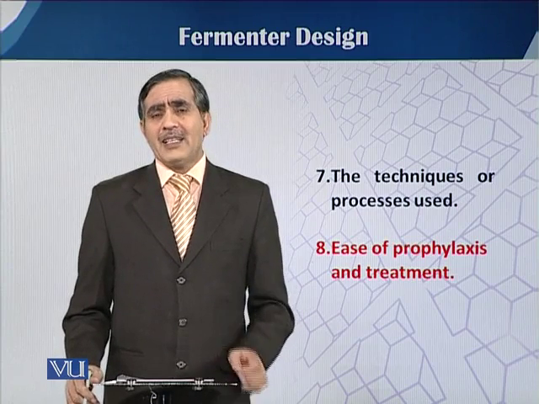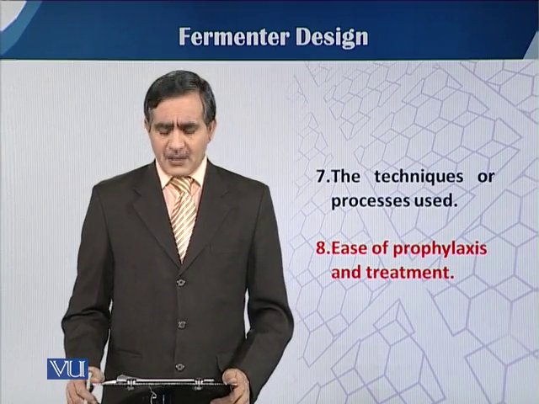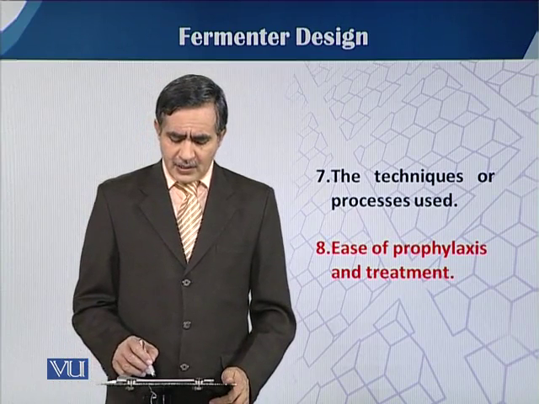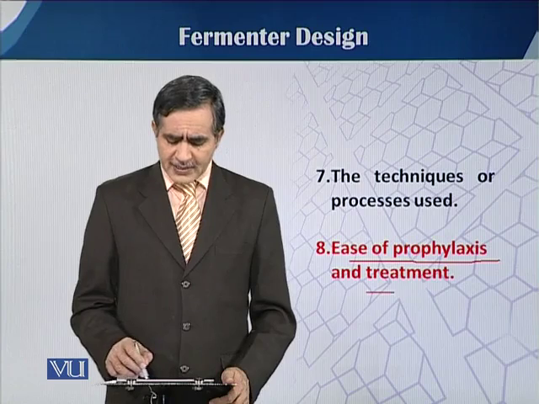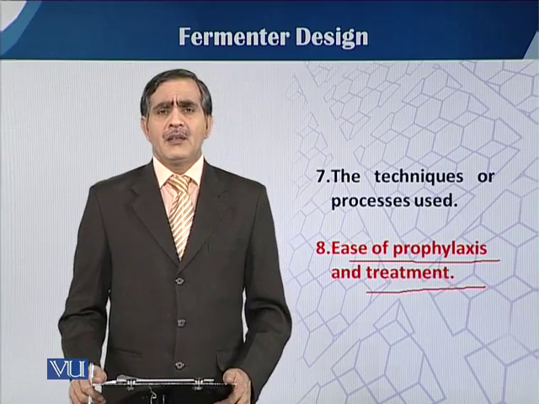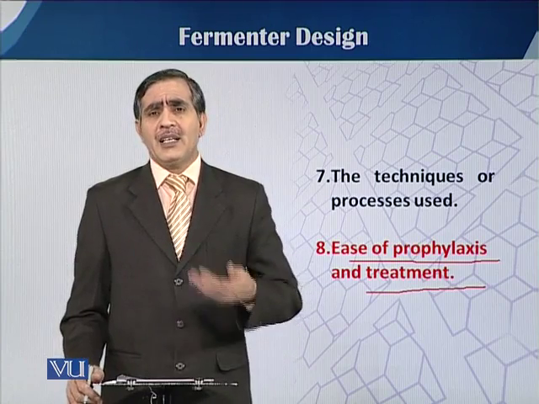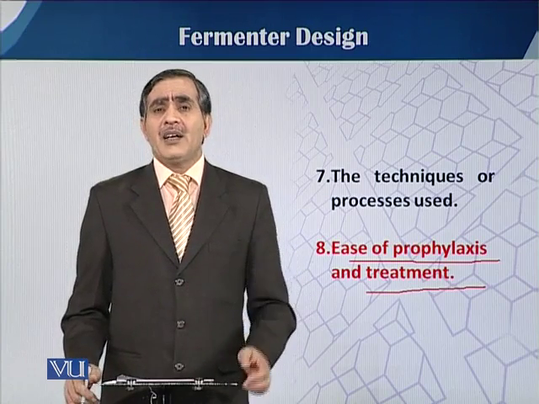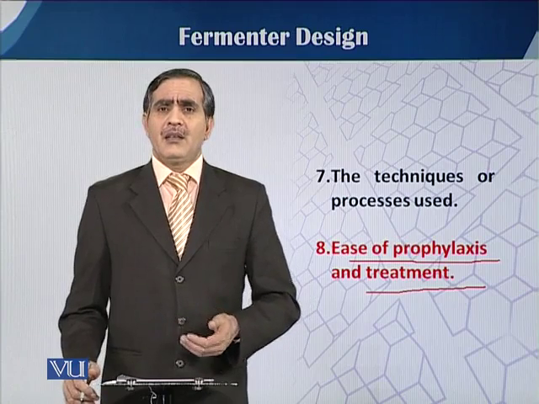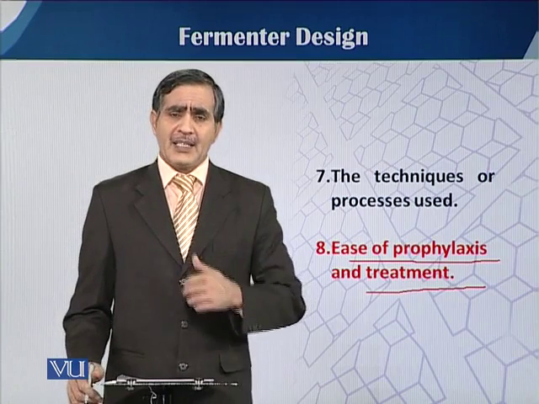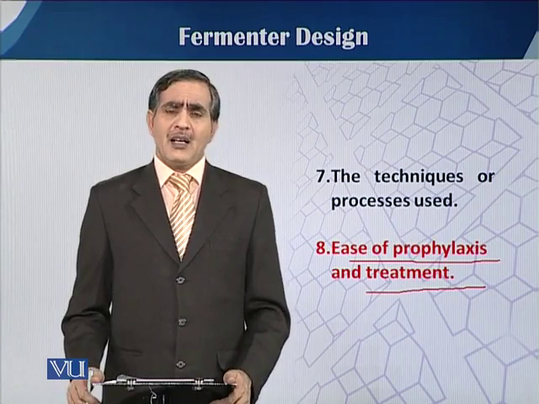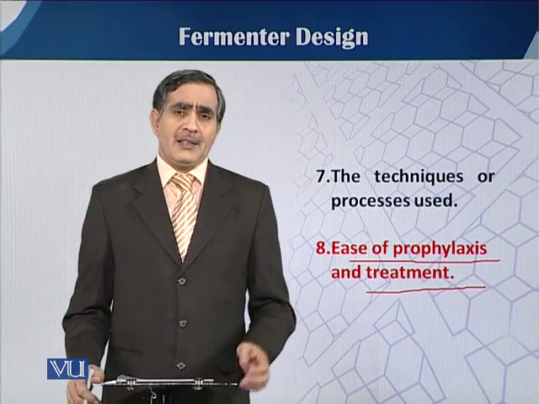The last criterion for risk assessment is the ease of prophylaxis and treatment. That means whether there are precautionary measures, such as a vaccine or a treatment, which we call prophylaxis, already known or not.